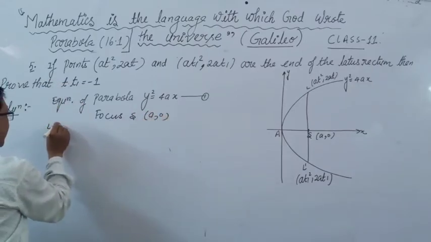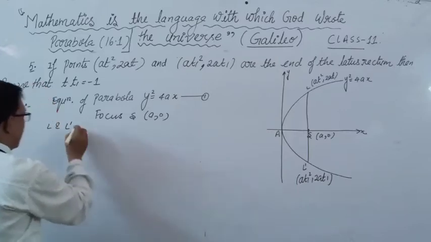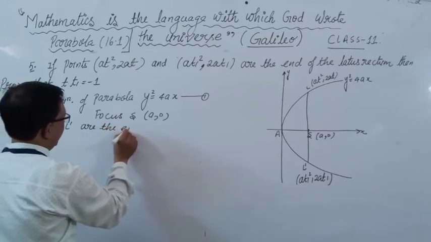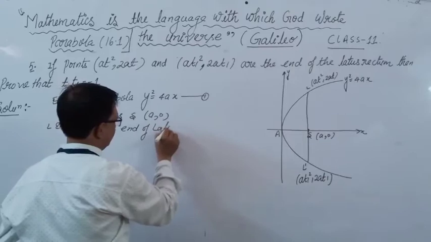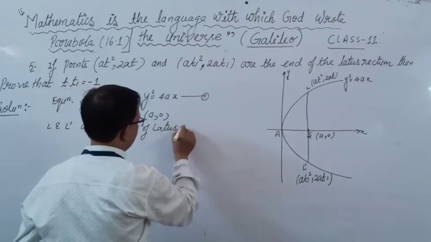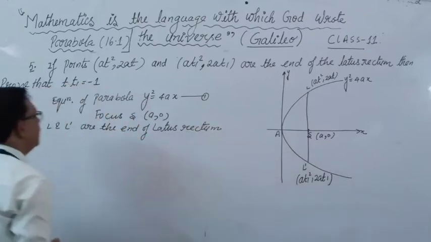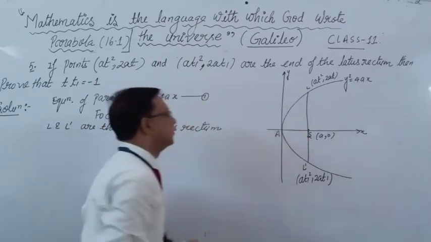L and L dash are the ends of the latus rectum.